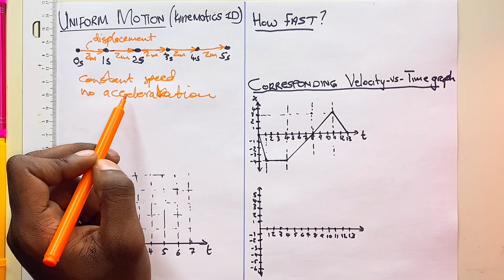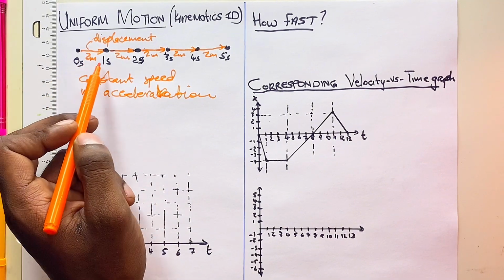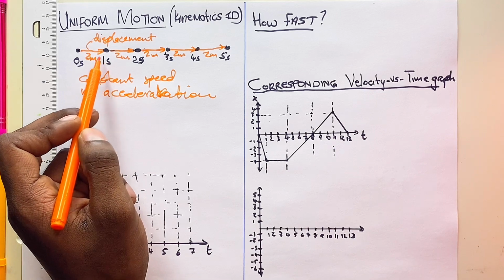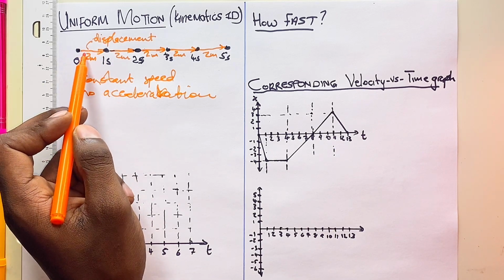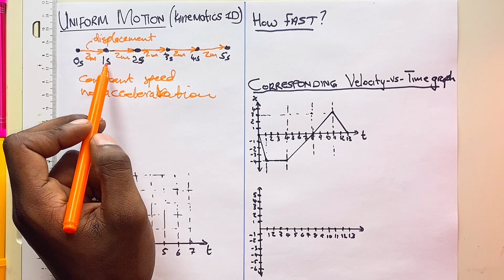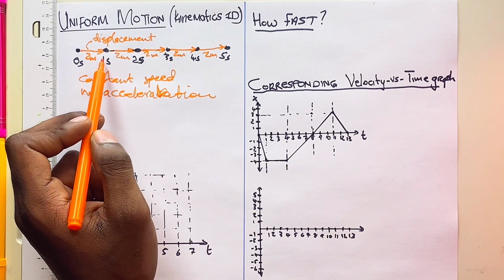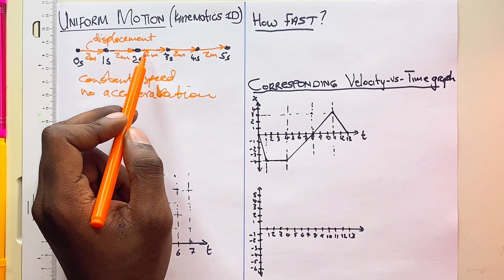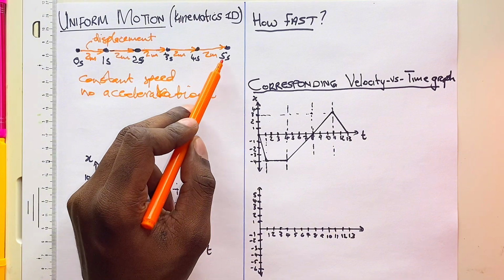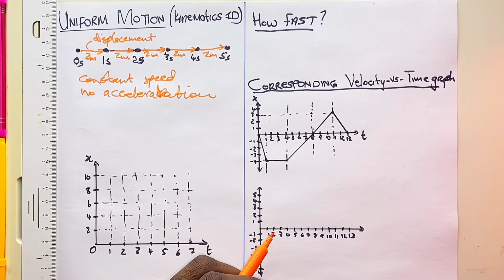And by no acceleration, we mean that for every second it gets displaced an equal amount. You see there, for each second it moved 2 meters, 2 meters, 2 meters until it got to 5 seconds.